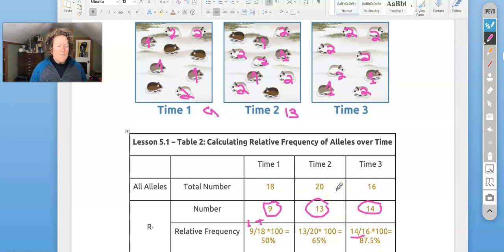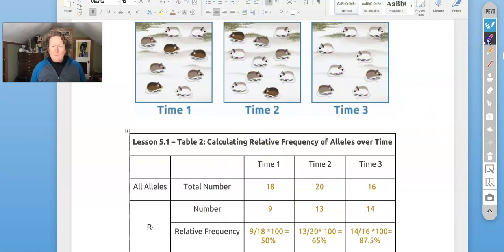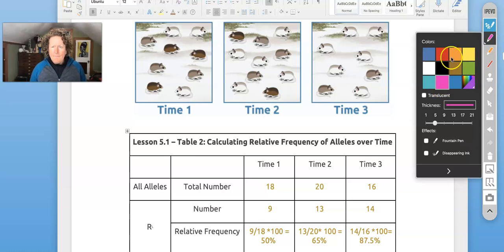I'll let you do the dark alleles. I'll give you a hint on the first one. We'll count dark alleles. Let me erase all the light allele numbers. I'll choose a different color. For dark alleles, we know that every dark mouse has 2 dark alleles. So there's 3 dark mice. That's 6 dark alleles so far.